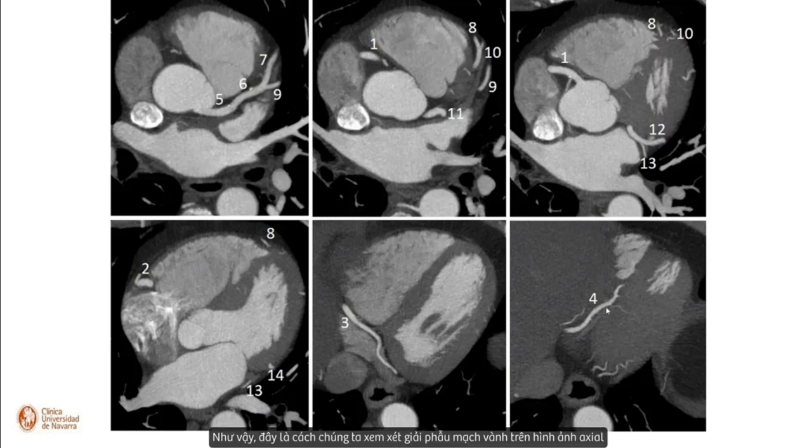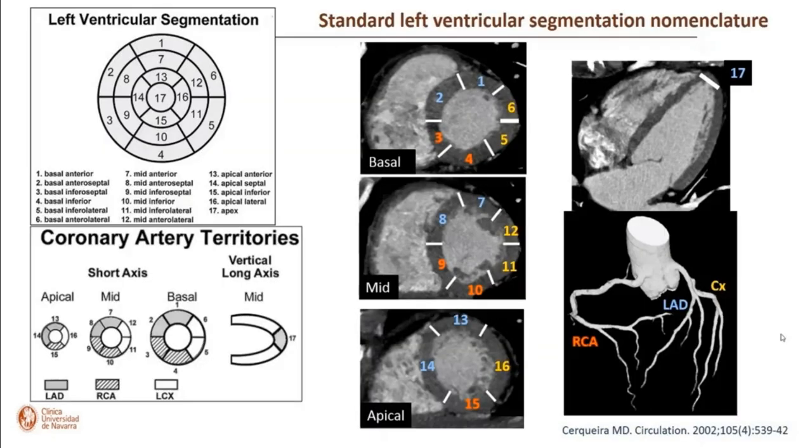So this is how we see the coronary anatomy on axial images.